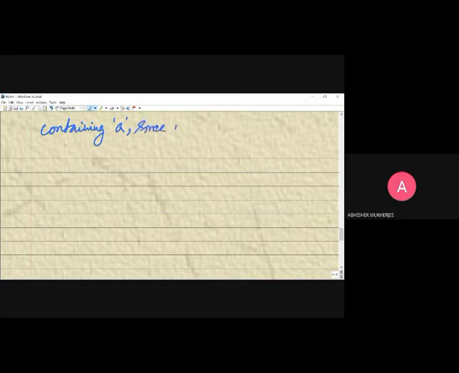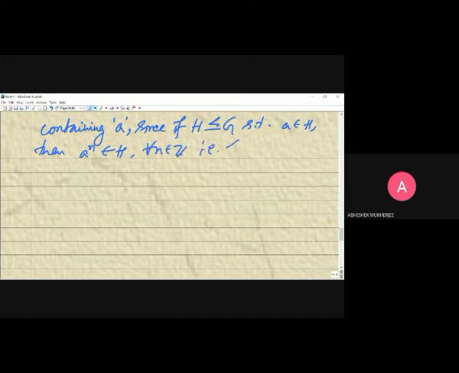Since if H is a subgroup of G such that a belongs to H, then any a to the power n belongs to H for all n belonging to Z. That is, the cyclic subgroup ⟨a⟩ is a subset of H. And in view of this, you can say that this subgroup is the smallest subgroup in G containing a, right?